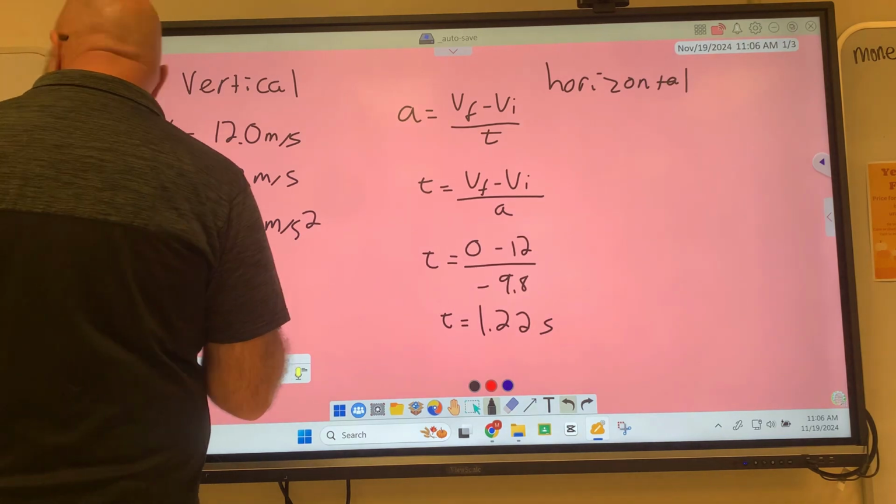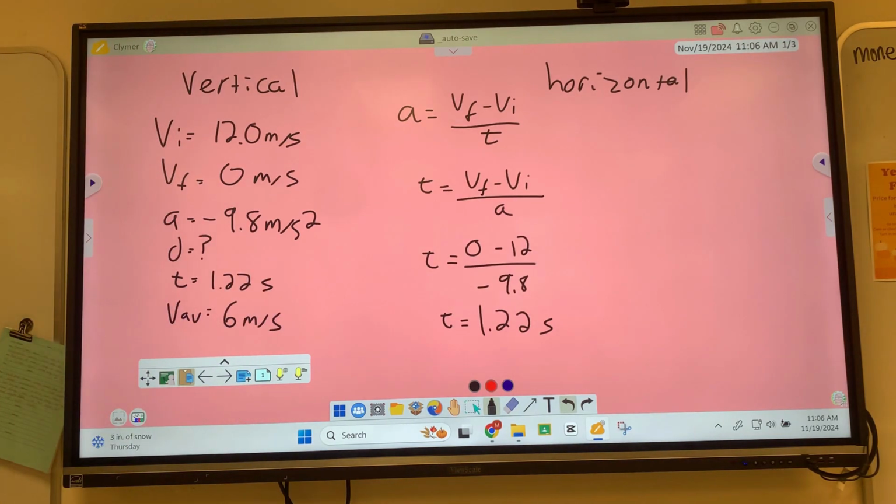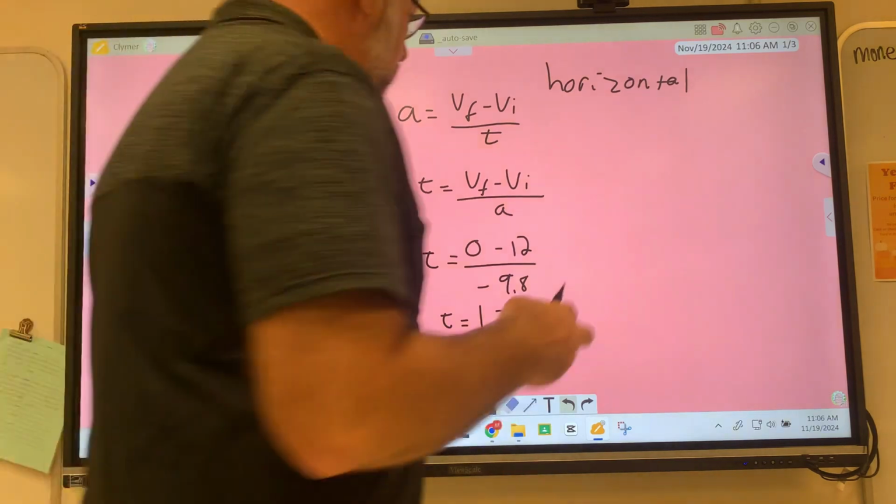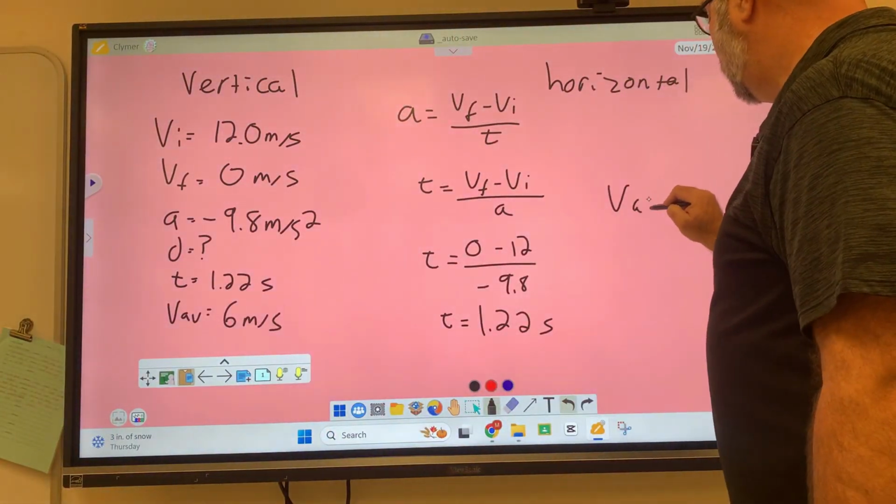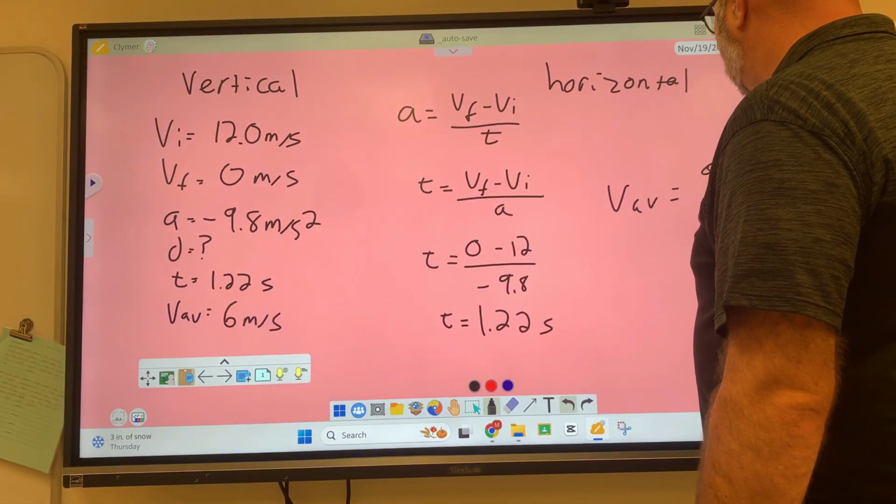We go shopping again. Now we've got some more money. Found some change in the couch. Now we can do the first one, so VAV, distance, and time. VAV equals D over time.